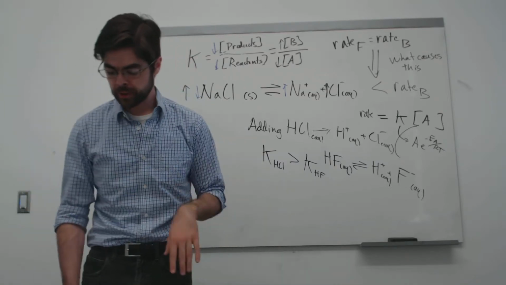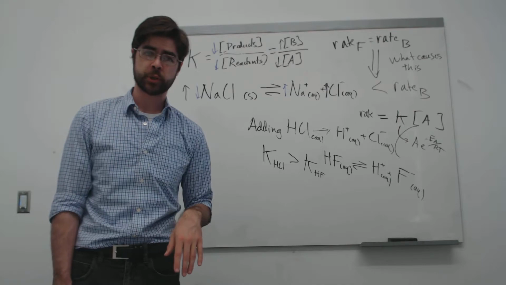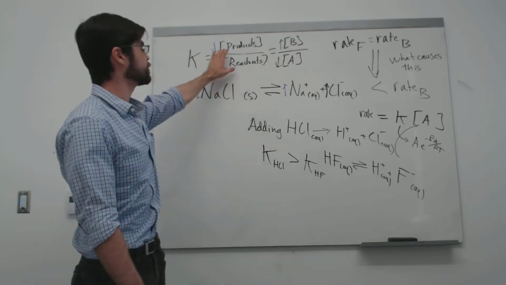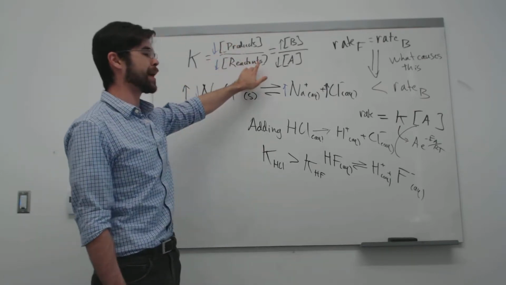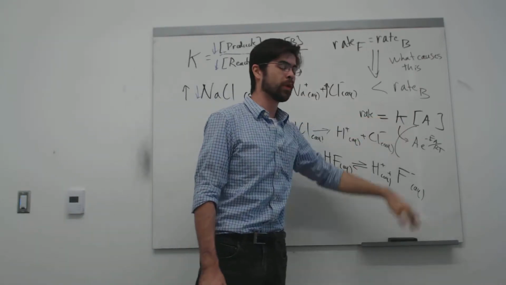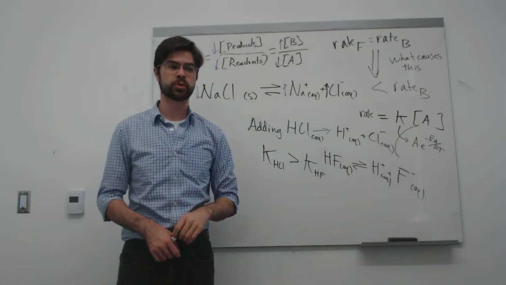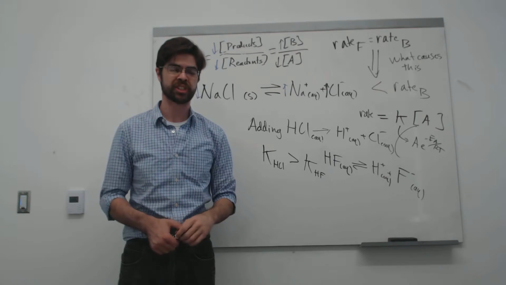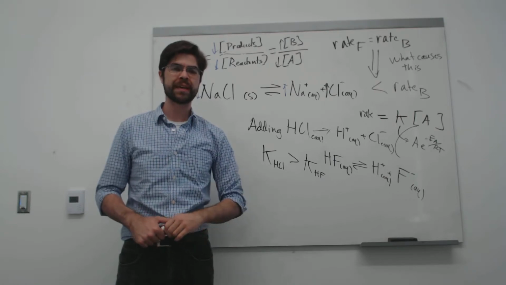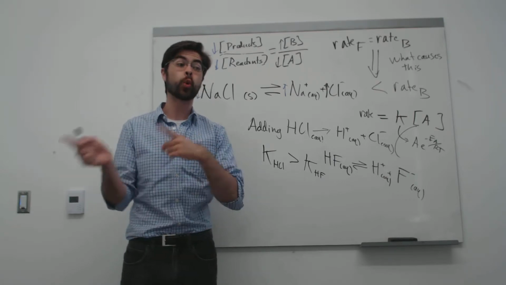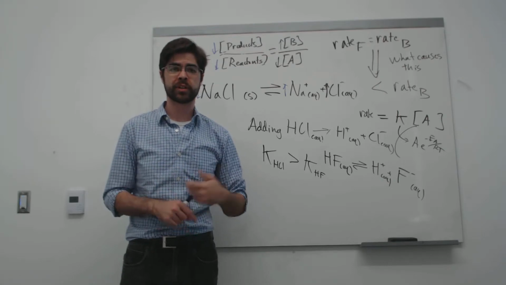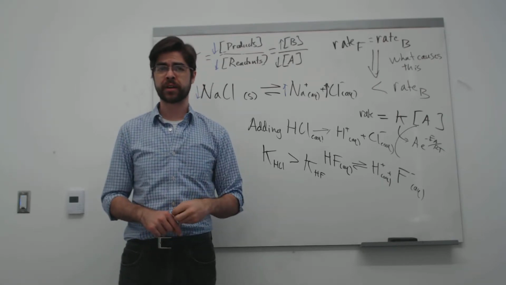Yeah. So the real tricky part here, and I admit this is tricky, is that when we talk about amounts of products, amounts of reactants, rates and whatnot, we talk about them being determined by concentrations. And it's very easy to equate concentration and amount of something.